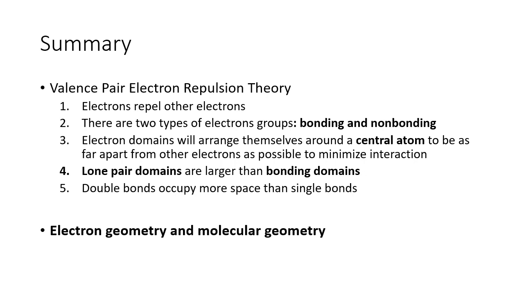Lone pair domains are larger than bonding domains, and double bonds occupy more space than single bonds. Finally, electron geometry is what you get from steric number, and that's how many directions the charge is. Molecular geometry is what you get from the actual bonds and atoms. What is the shape that's left over?